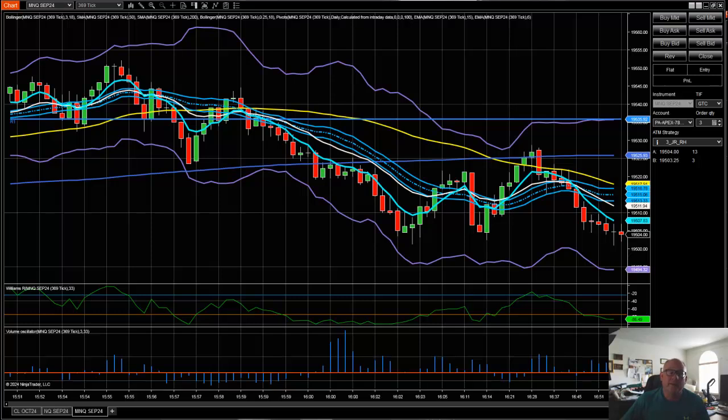The better thing to do is be flat into an economic report. I'm normally flat on every red one, and I missed this 10 o'clock one. It burned me, but I was able to turn a negative into a positive today. I got close to getting stopped out, losing about $500.